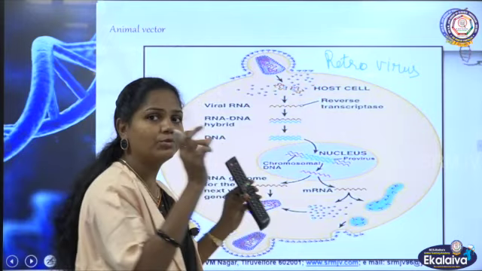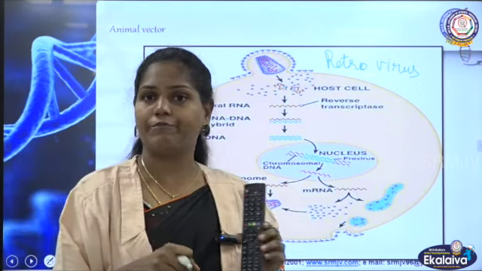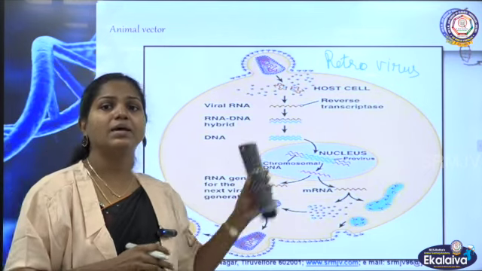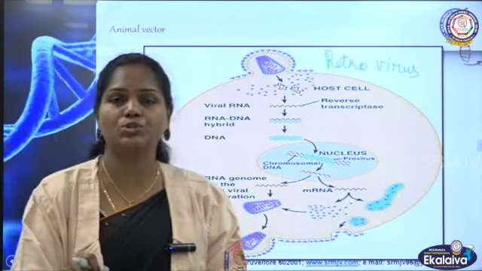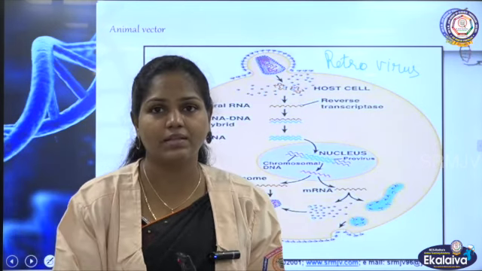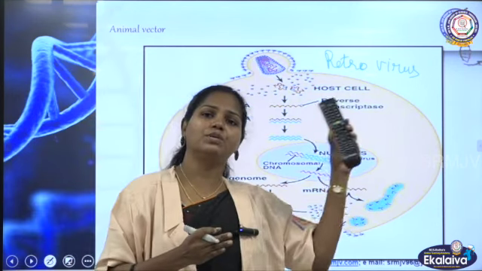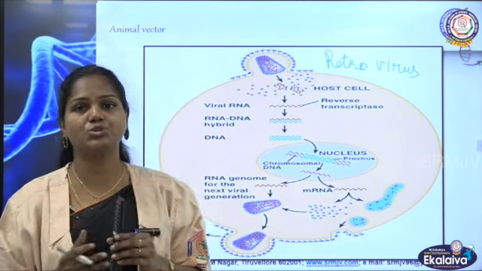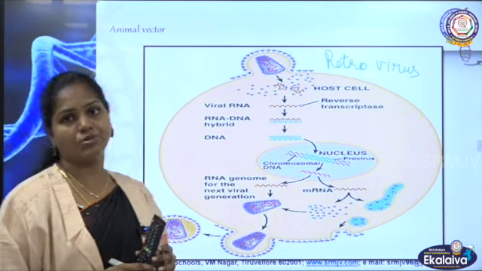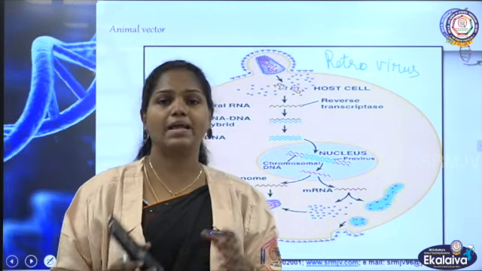What they do is remove the particular gene responsible for the pathogenic effect, and in that area they insert our gene of interest, so that when it is introduced into the animal cell, it does not produce the disease but transfers that foreign gene. So of the vectors, pBR322 is a vector for transferring genes into E. coli bacteria, and Agrobacterium tumefaciens and the retrovirus respectively are used to transfer genes into plant and animal cells.